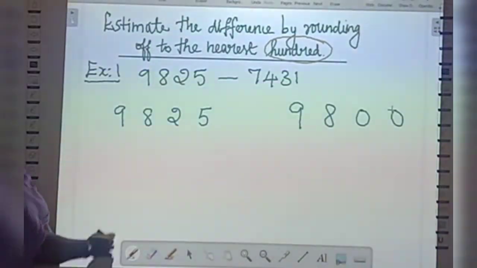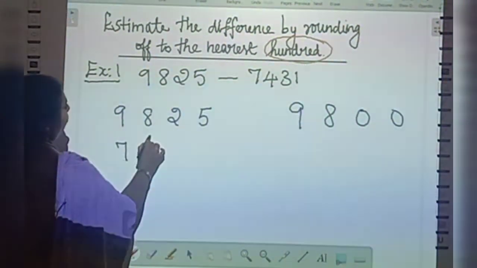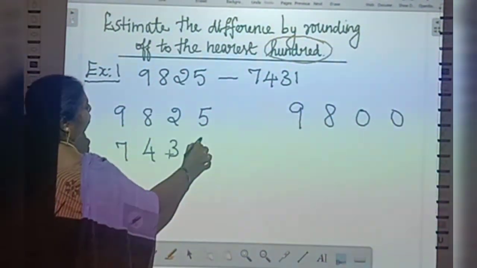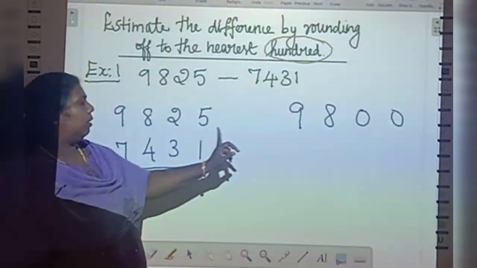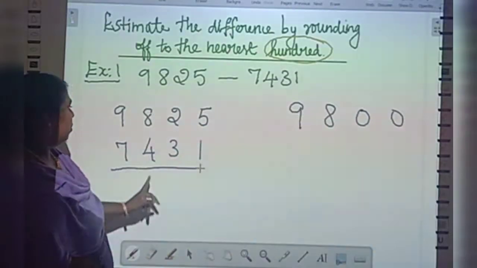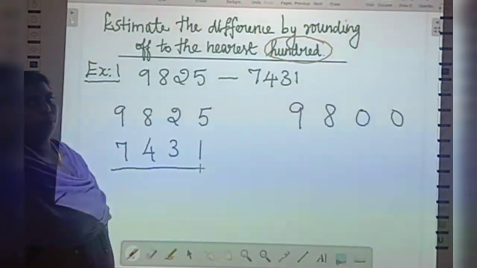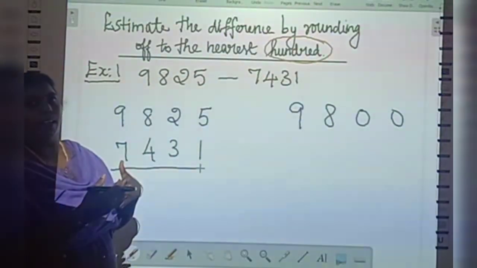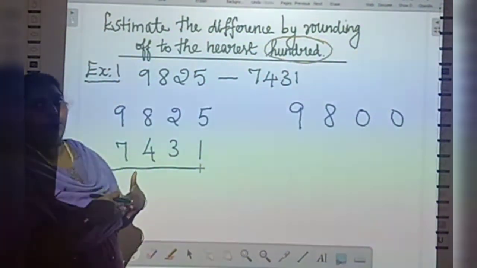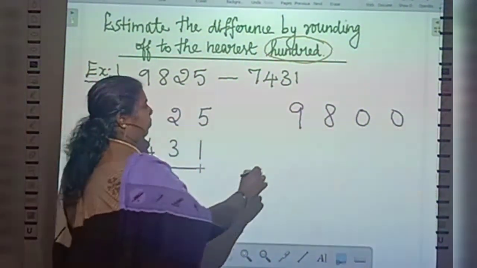Okay, then next, 7431. For 7431, the nearest 100 is how much? 431. Is 431 closer to 400 or 500? Yes, 400, isn't it? So 7400.